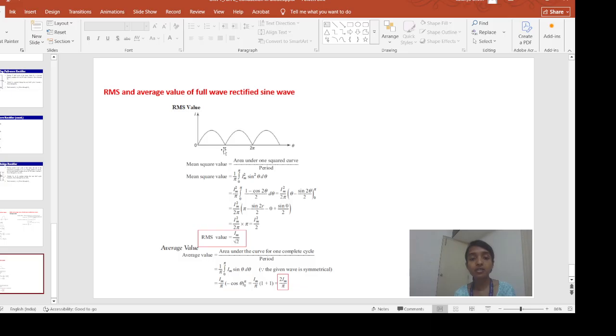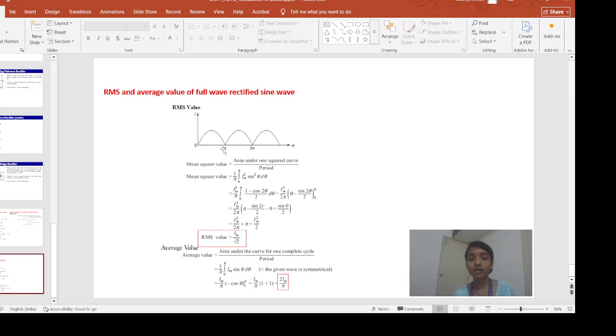Why? Because you can see this full wave rectifier is repeating its waveform after T by 2 time period. For the negative half cycle of the input signal, the full wave rectifier is also giving a positive half cycle.